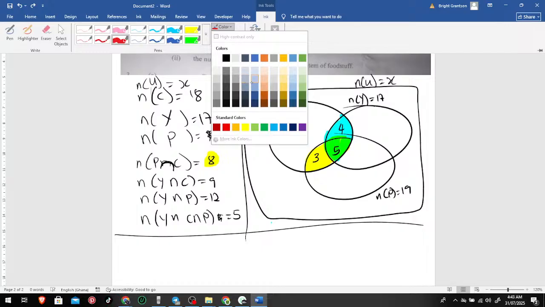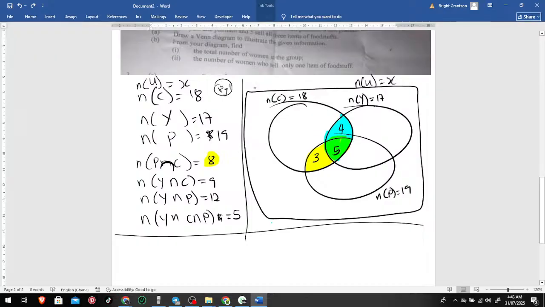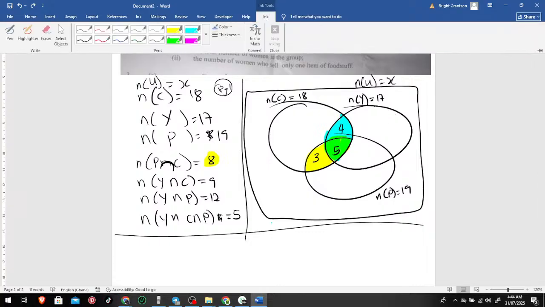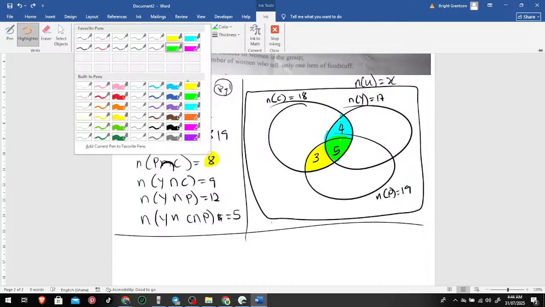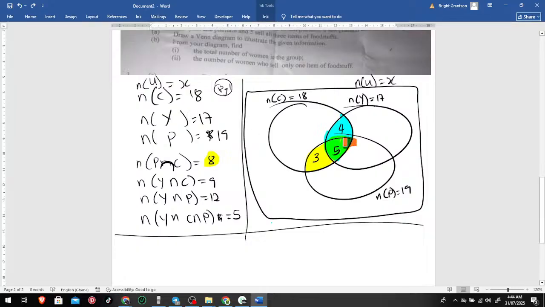It should be a highlighter. I've used blue already, so let me use this one. Something like this. I hope you can still see the 5.